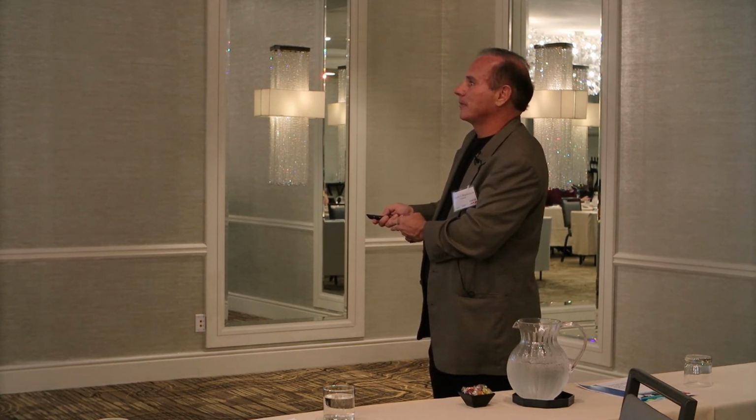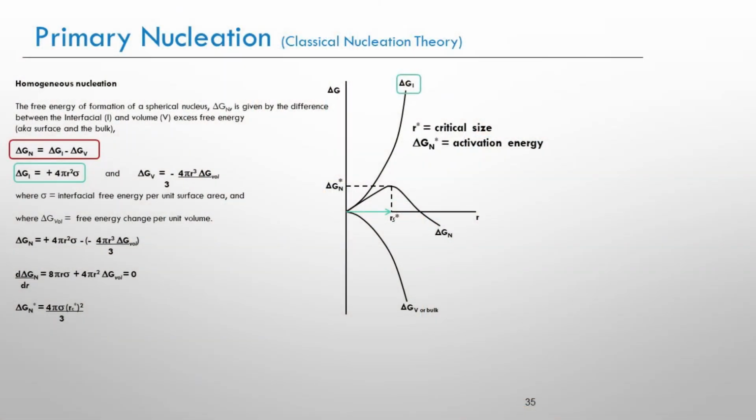Typically you'll break down the energy of the nucleation process into two separate terms. The initial term that is disfavorable is associated with interfacial tension. And then there's this other term which is associated with volume growth of the actual crystal.